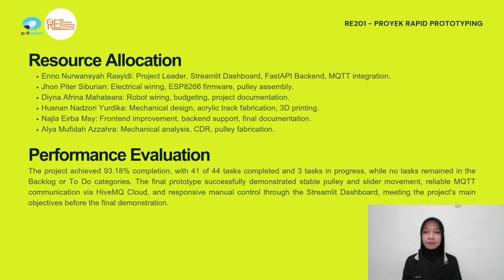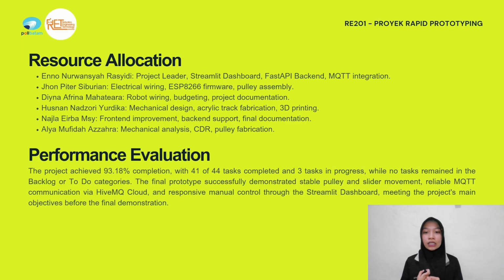Resource allocation. Each team member had different responsibilities. Eno was the project leader and developed the Streamlit dashboard, FastAPI, backend, and MQTT integration. John handled the electrical wiring, ESP8266 firmware, and pulley assembly.